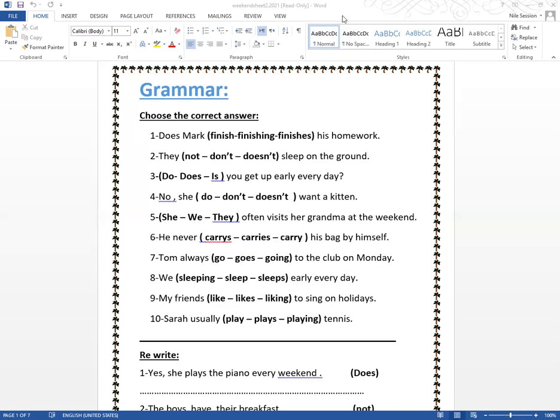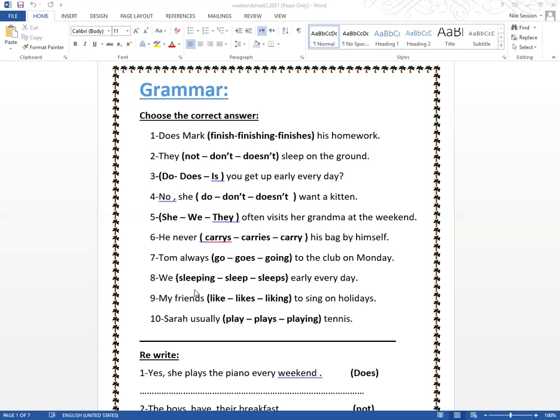Number 7. Tom always. Tom equals he, and always is a keyword of present simple. So the verb will take S. So Tom always goes. And here the verb ends in O, so we add ES to the verb.